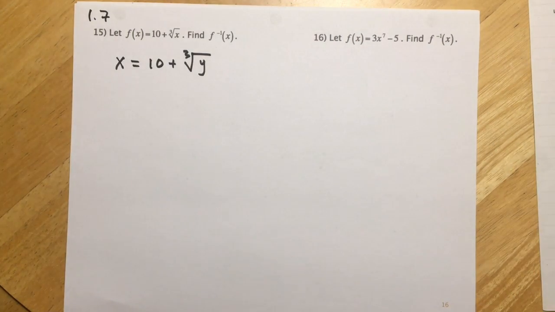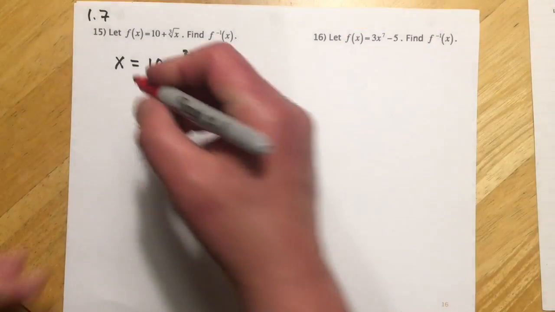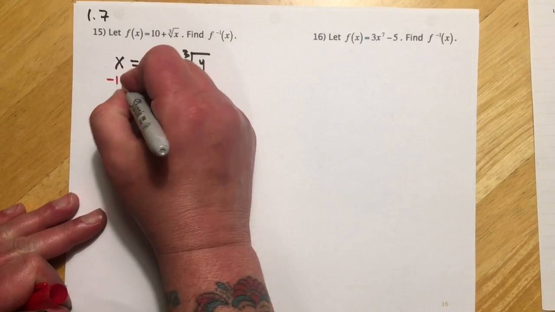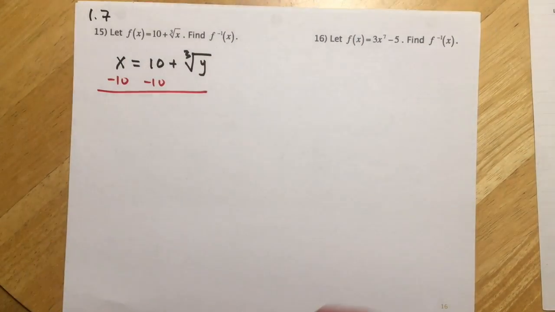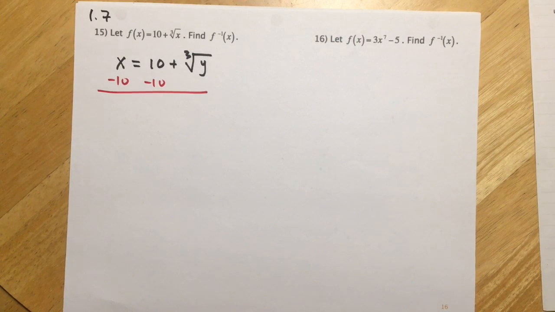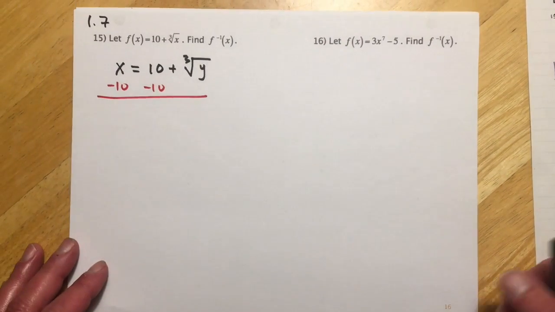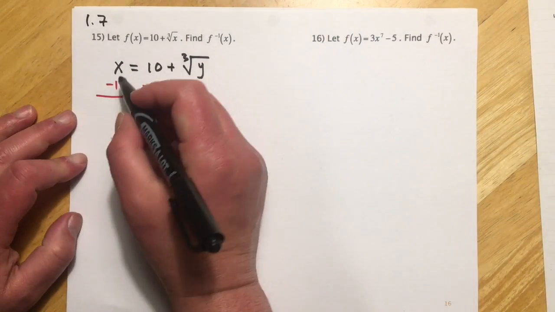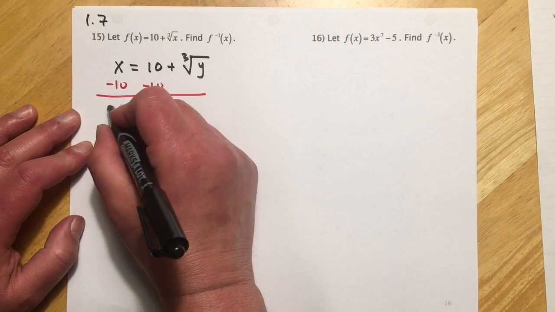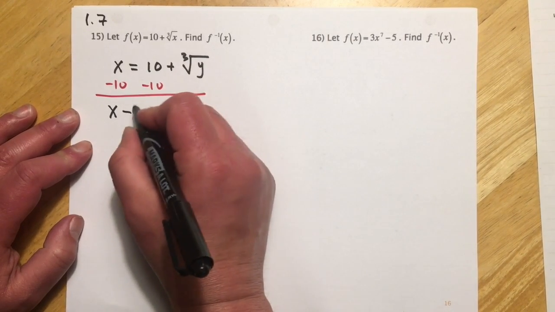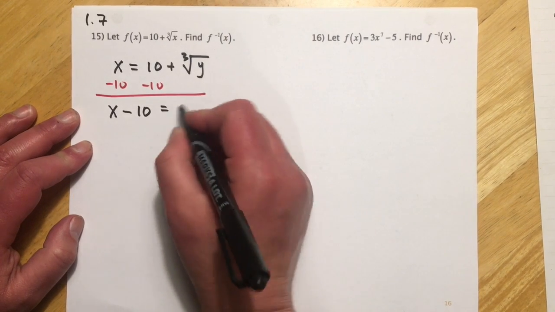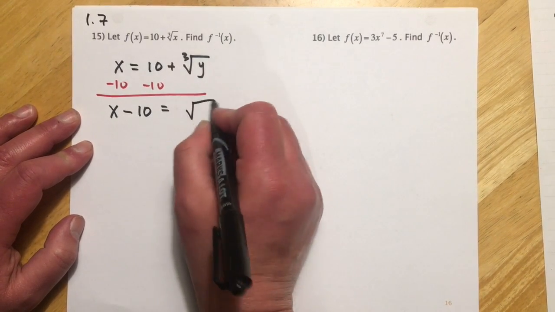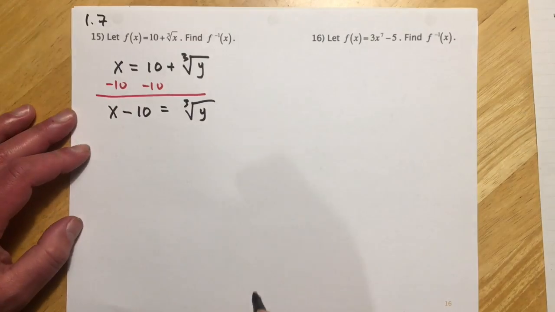So the first thing I do is subtract that 10 over, get that out of the way. And then that's going to get us x minus 10 is equal to cube root y.